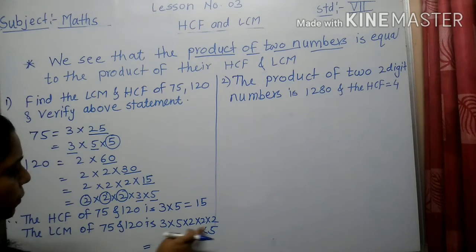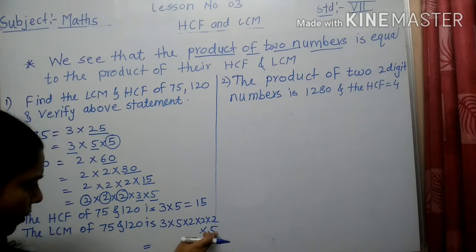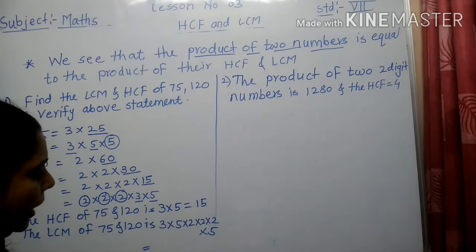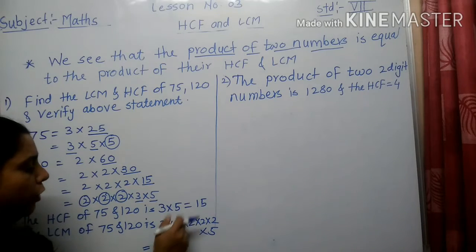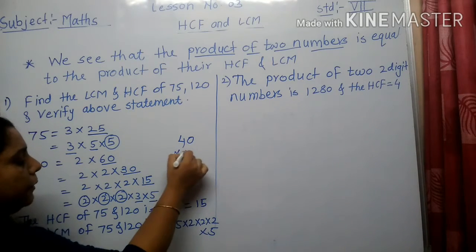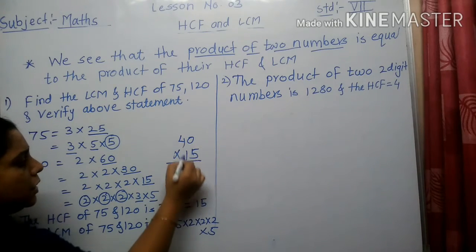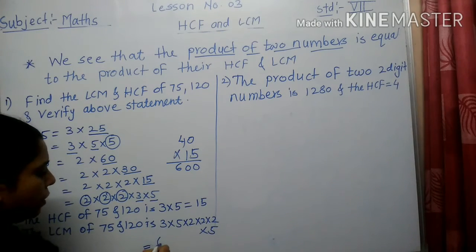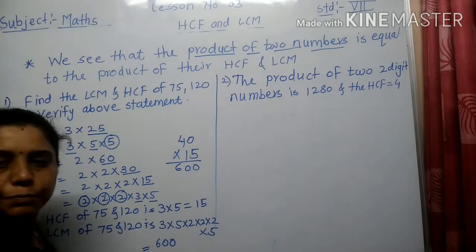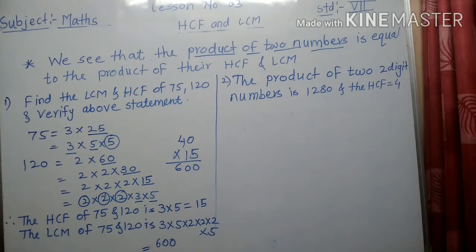So 2 twos are 4, 5 fours are 20, 2 twenties are 40. 40 into 15. How much is it? 15 fours are 60 and this 0. So 600. The LCM is equal to 600.